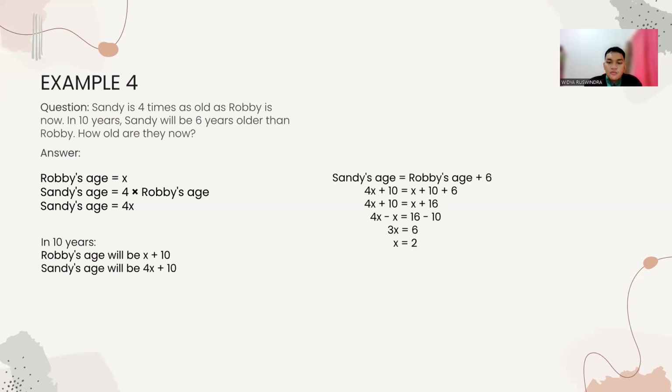And on both sides we subtract x and we get 4x minus x, and on both sides we subtract 10 too. And we get 16 minus 10 equals 3x, and dividing both sides by 3 we get x equals 2.